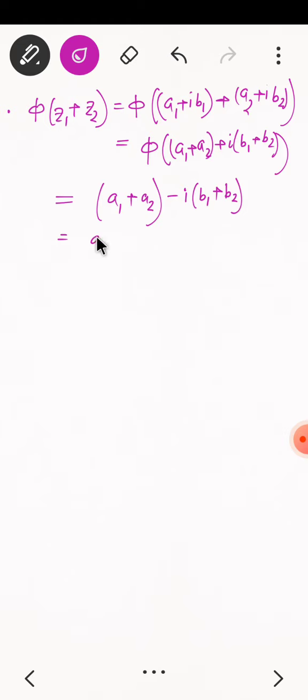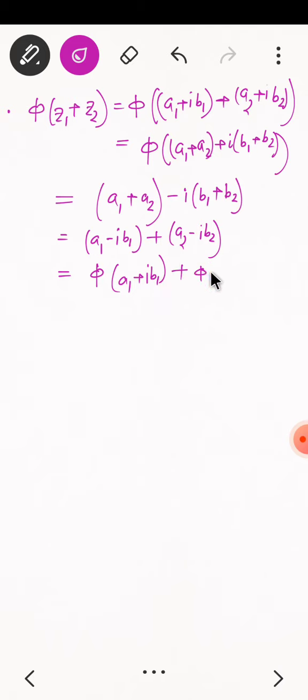So this is equal to a1 minus i b1 plus a2 minus i b2, which is equal to phi of a1 plus ib1 plus phi of a2 plus ib2.